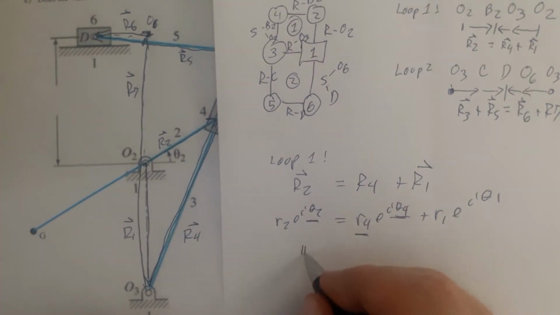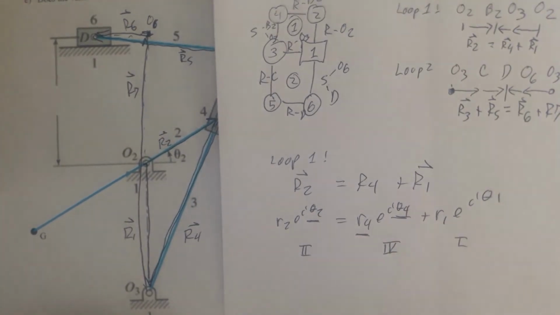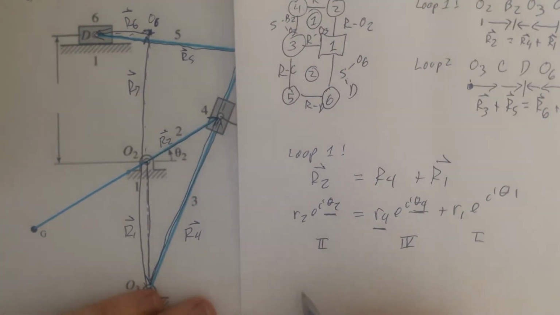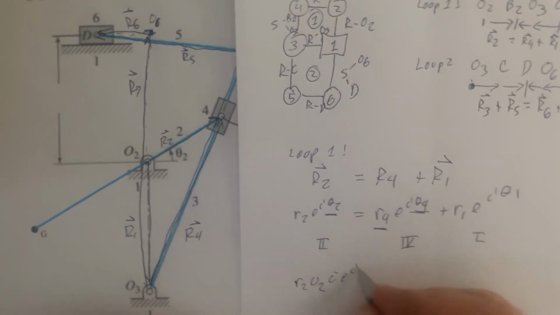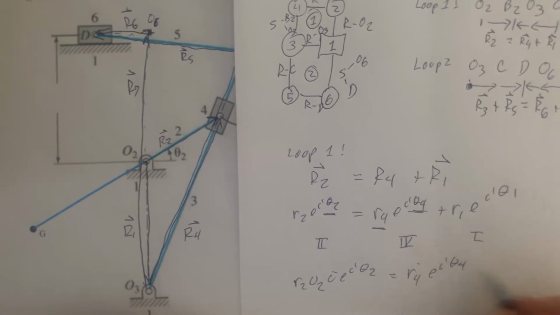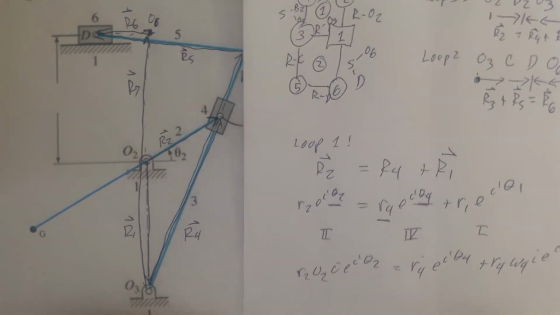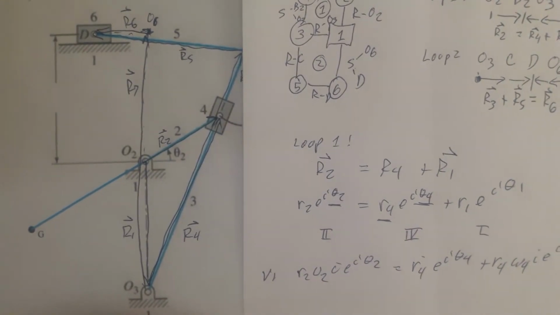So I'm going to have a type 2 vector, a type 4 vector, and a type 1 vector in that loop, which will give me an equation that looks like R2 omega 2 i e to the i theta 2 equals R4 dot e to the i theta 4 plus R4 omega 4 i e to the i theta 4, and then this type 1 goes away. So that's going to be my velocity equation for type 4.